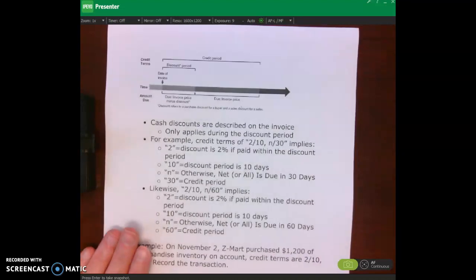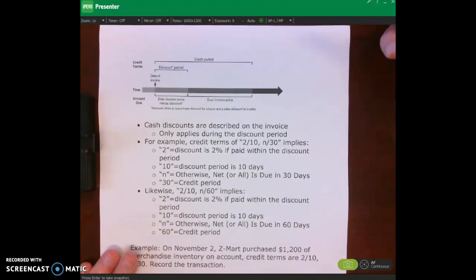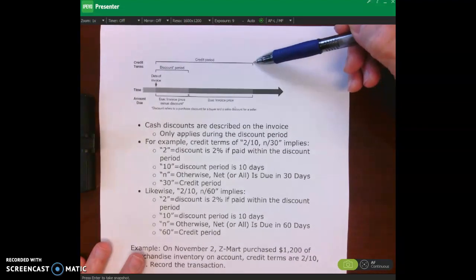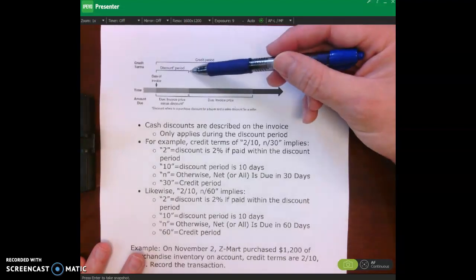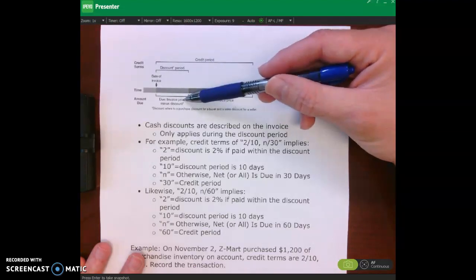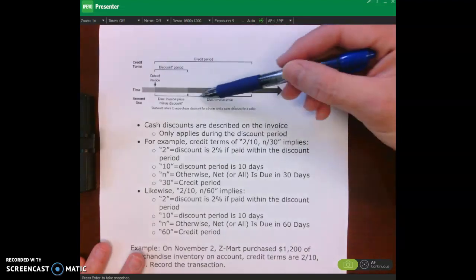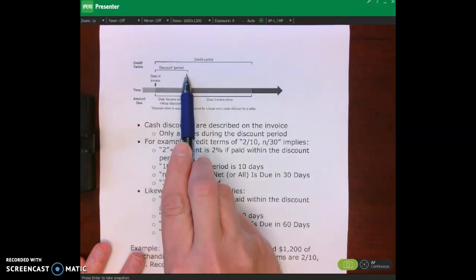So this figure does a good job of explaining the credit period and then the discount period, okay? So the credit period, let's say it's 30 days, so you have to pay the full amount within 30 days. The discount period would be, maybe it's 10 days. And if you pay within 10 days, you can take 2% off. So if you pay within 30 days, you pay the full amount. So that's why I say over here, the discount period is 10 days.